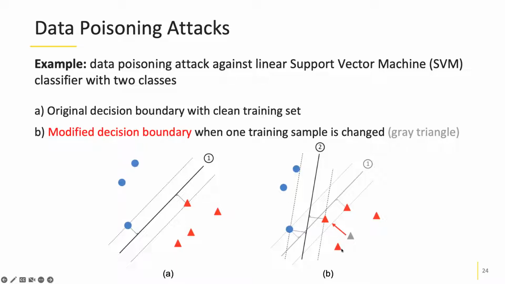On the right side, we show that after the adversary moves one training sample, as denoted by the arrow here, the decision boundary of the SVM is also manipulated.